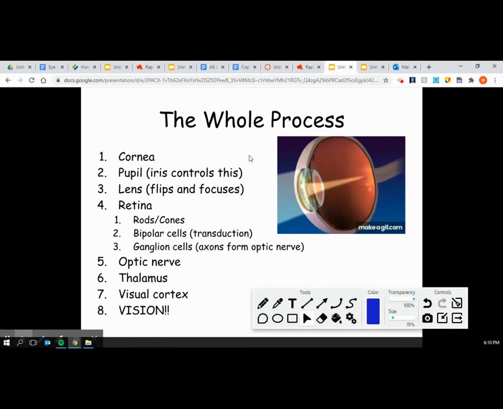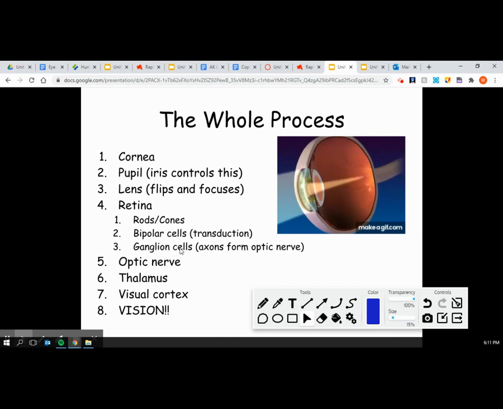So to put that all together, light enters through the cornea, goes through the pupil. The pupil expands and contracts by the iris. The lens is what flips this image and focuses it. On the retina, it's picked up by the rods and cones, the photoreceptors. In the bipolar cells is where transduction occurs.